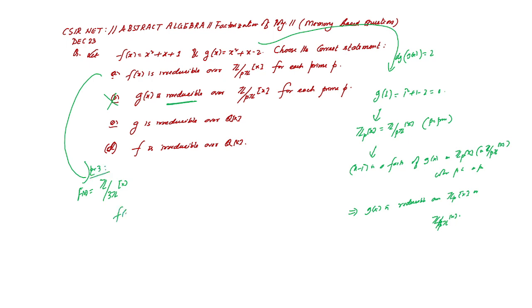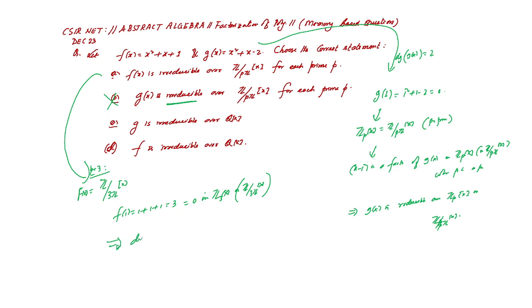In that case, what is your f(1)? Your f(1) will be 1 + 1 + 1, that is 3, and this is equal to 0 in Z_3[x], or Z/3Z[x]. So obviously, this is a root.